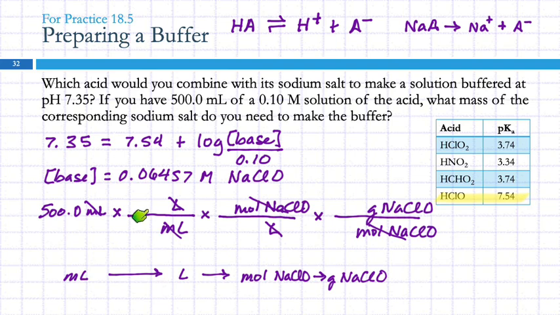Well, let's look at the first one. I need to know the relationship between liters and milliliters. I need to know what that prefix milli stands for. So it's 10 to the minus 3. So milli stands for times 10 to the minus 3. You can look it up if you've forgotten.